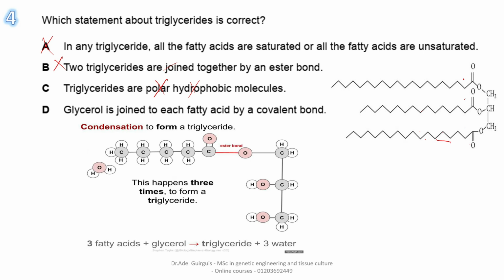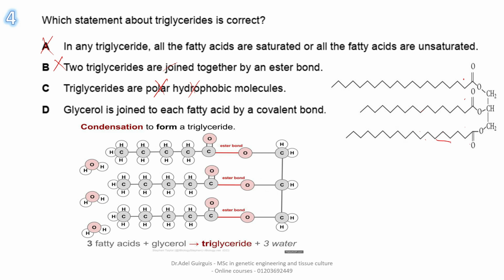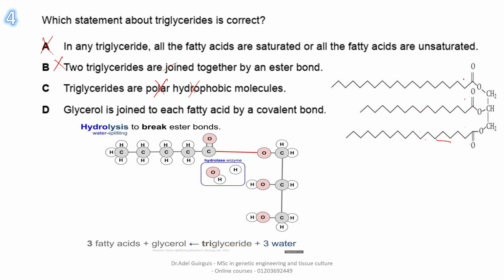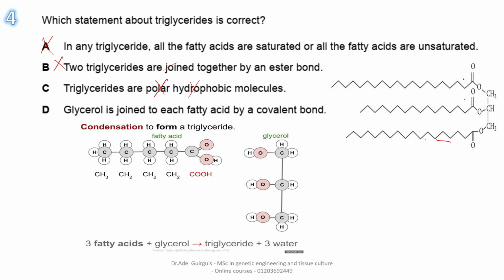This is repeated 3 times to form triglyceride. What about the ester bond? The ester bond is a special type of covalent bond. So the answer is D.